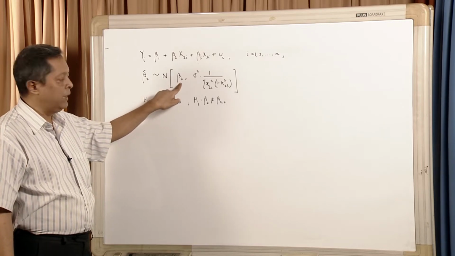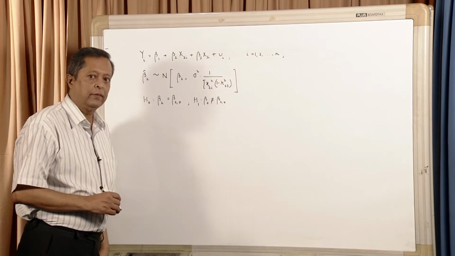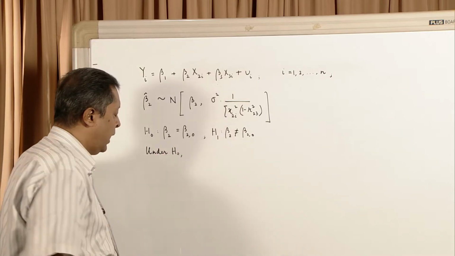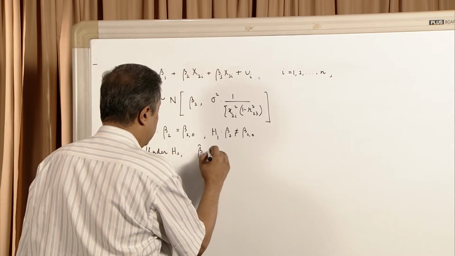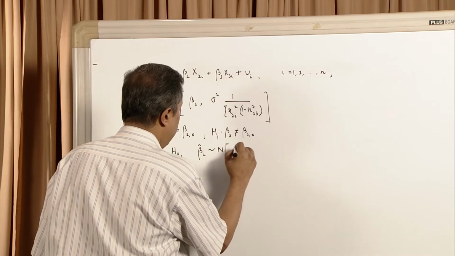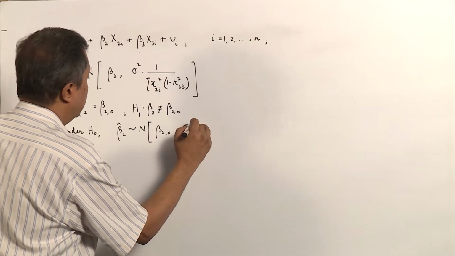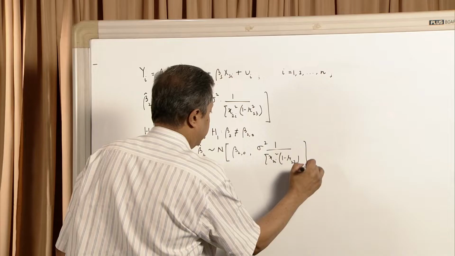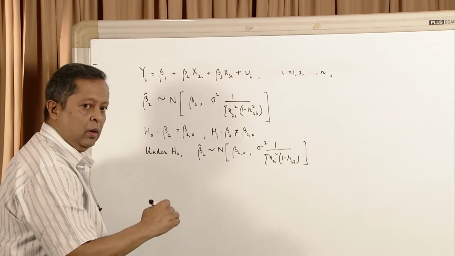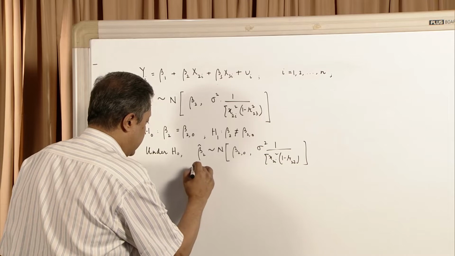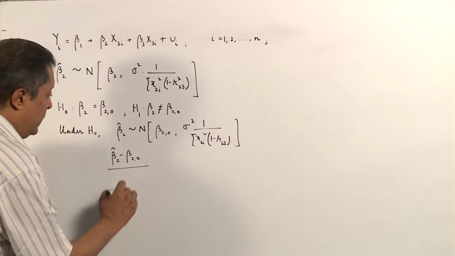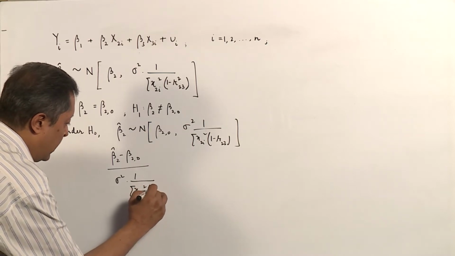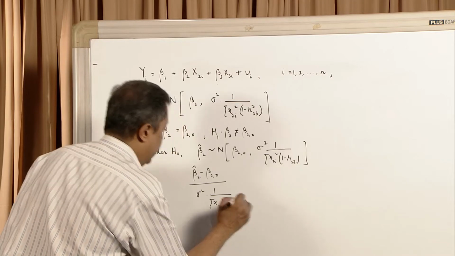So, that specified value will become beta 2 naught, and therefore, from the properties of the normal distribution we can write under H naught, that means if the null is true, beta 2 hat follows normal with mean beta 2 naught and the same variance as we have already seen, so that we can convert this to a standard normal variable, that is beta 2 hat minus beta 2 naught divided by the square root of sigma square into 1 upon summation x2i square into 1 minus r square 2 3.